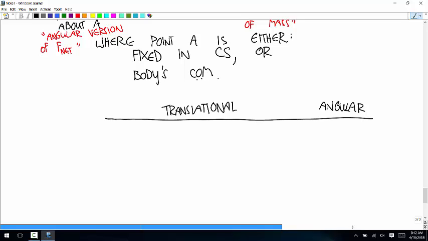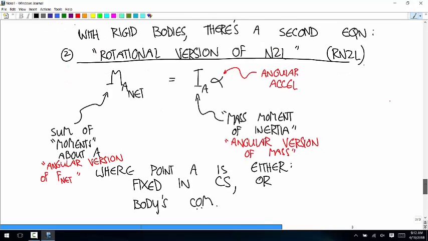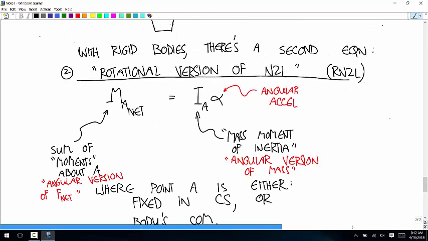Center of mass. I_A is the mass moment of inertia, and you can think of that as an angular version of the mass.